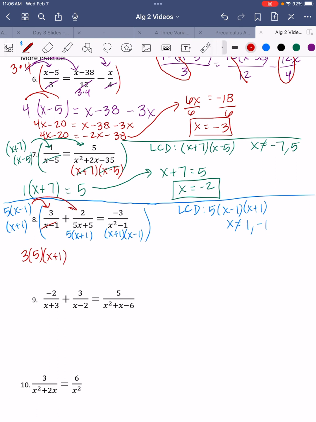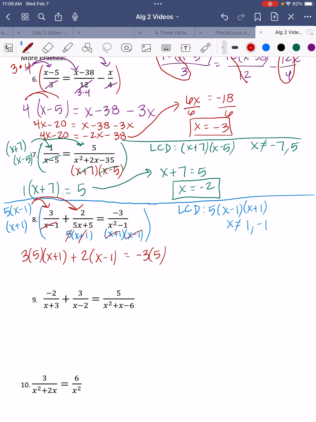In the second fraction, the 5 and x plus 1 that we're multiplying by would cancel out, so only x minus 1 would be left with that 2. And then on the right side, the x plus 1 and x minus 1 would both cancel, so the -3 will only be left multiplying by the 5.